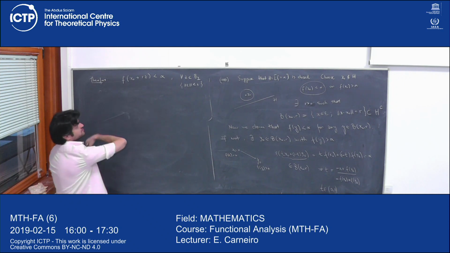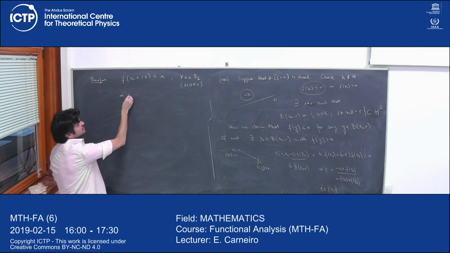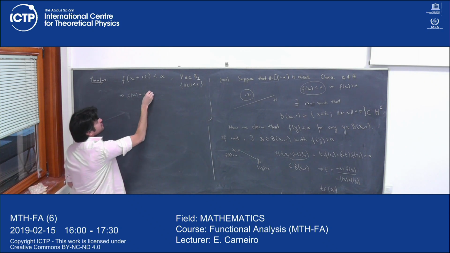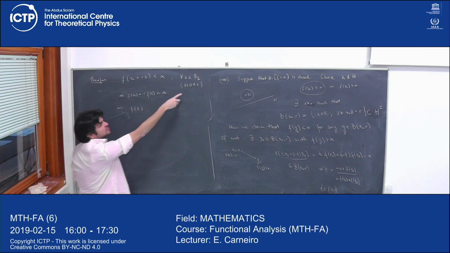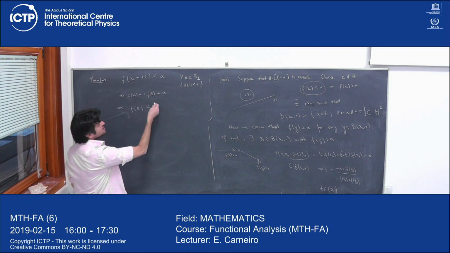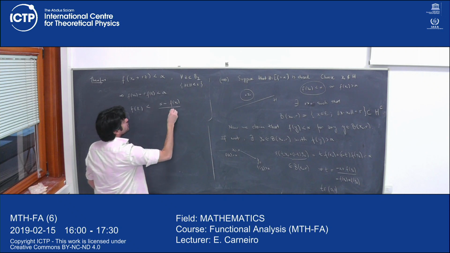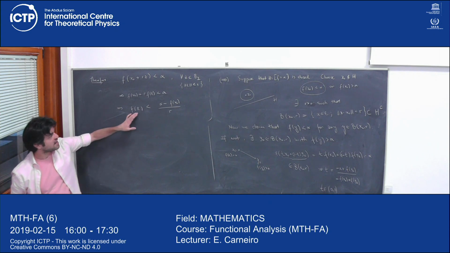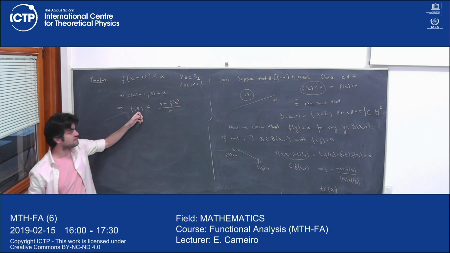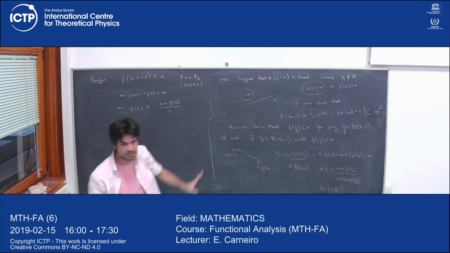So for any, so what does this mean? This means that f of x0 plus r f of z is less than alpha, which means that f of z for any z in the unit ball is going to be less than alpha minus f of x0 over r. See? So for any z in the unit ball, the value of f of z is less than this number, which is a fixed number, right? Alpha minus f of x0 is a positive number. r was a fixed number.